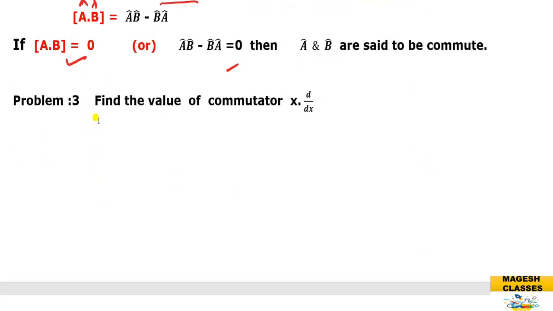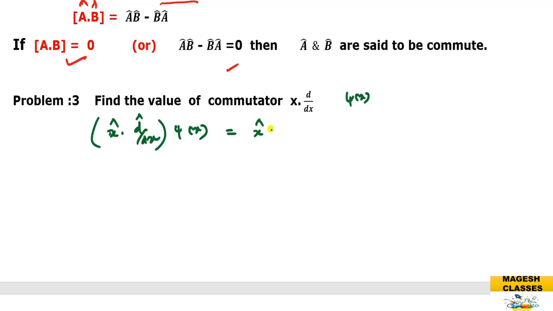Next one, find the value of the commutator of x and d by dx. The wave function psi is chosen for the computation. It is equal to the operator x, d by dx. What is commutation? The position of the operator is changed.